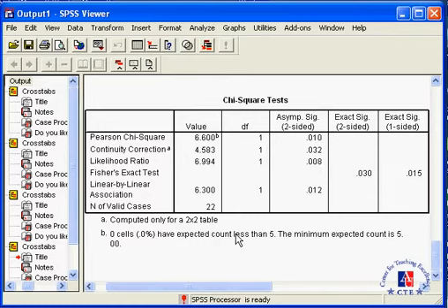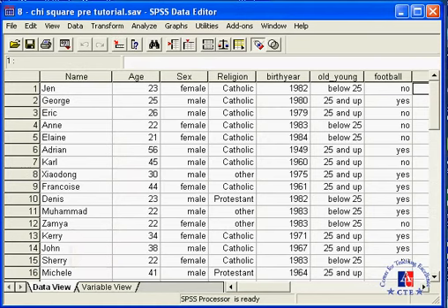Now, in addition to obtaining the chi-square statistic, which tells you whether a relationship between variables is significant, you may want to find out more about the direction and the strength of the relationship. And you do this by computing the so-called measures of association.